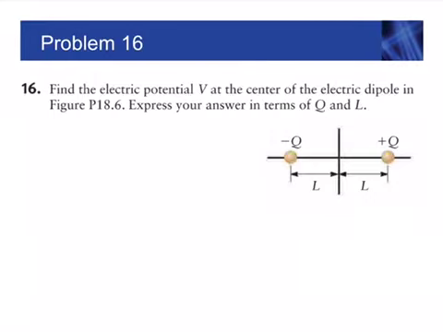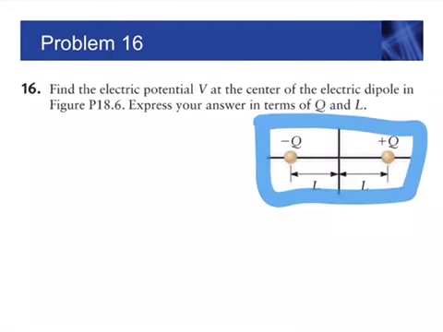Let's solve problem 16. Find the electric potential V at the center of the electric dipole in figure 18.6. So we already saw this figure before in problem 6. How would we solve this problem? Electric potential V from a point charge at a distance is given by kQ divided by r.